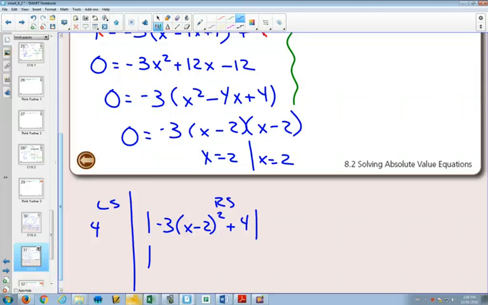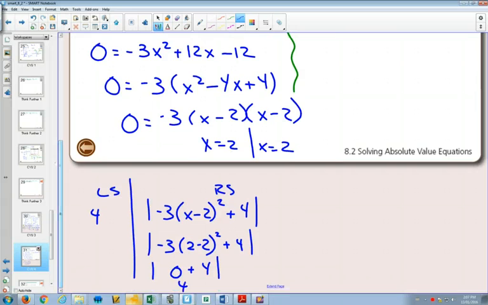And if we plug in 2, this will be 0 plus 4. The absolute value of 4 is just 4. So this one works. And we've got our first answer.